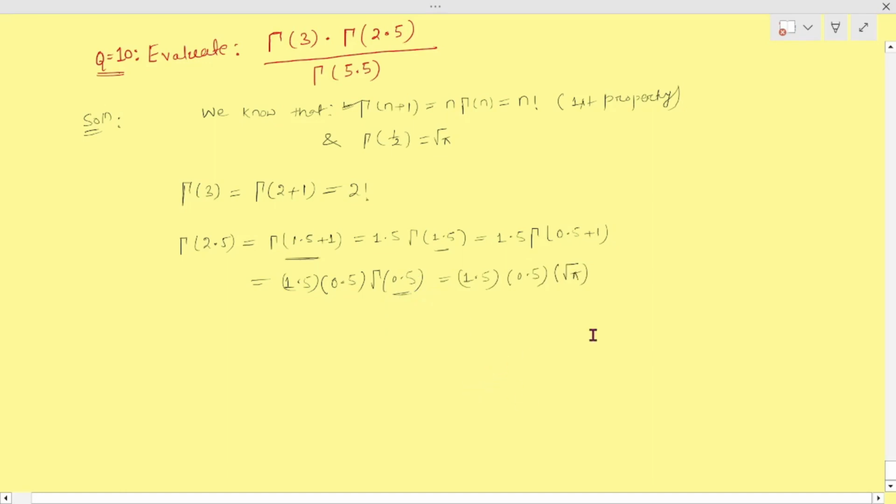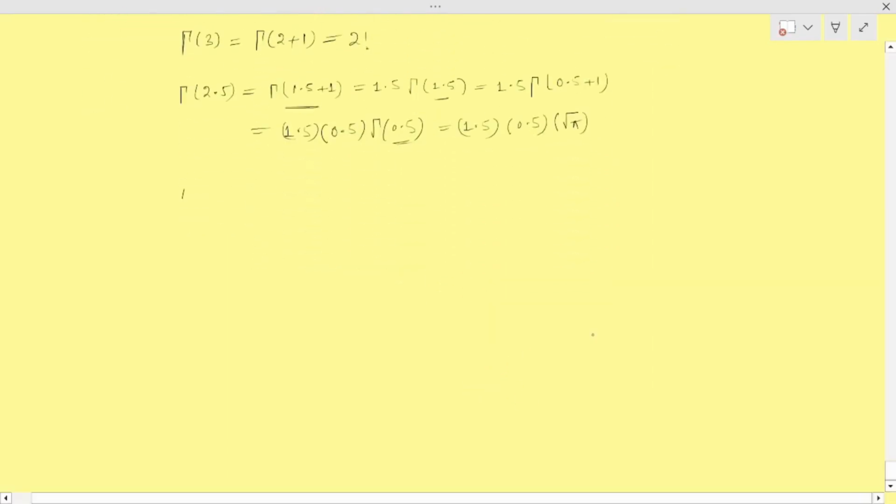Right. Now we are going to evaluate gamma 5.5. Gamma 5.5 can be written as gamma 4.5 plus 1, which is 4.5 into gamma 4.5. Then again it is 4.5 into gamma 3.5 plus 1, so 4.5 into 3.5 into gamma 3.5.